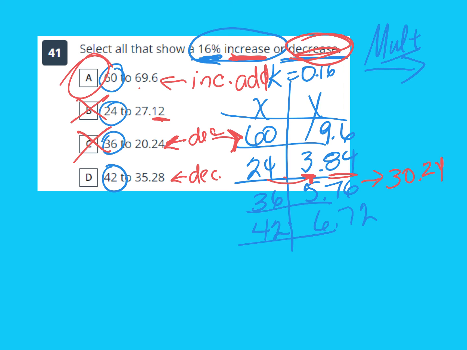So I'm going to go ahead and subtract 42 minus 6.72. Wait, what? 42 minus 6.72. 35.28. Look at that. So A and D work.